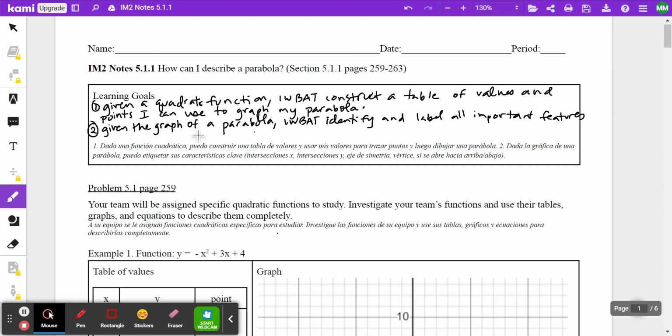And those include the x-intercepts, the y-intercepts, the line of symmetry, and the concavity, and the vertex.